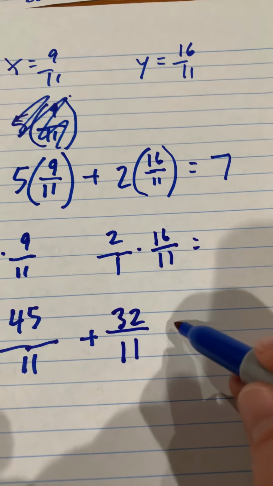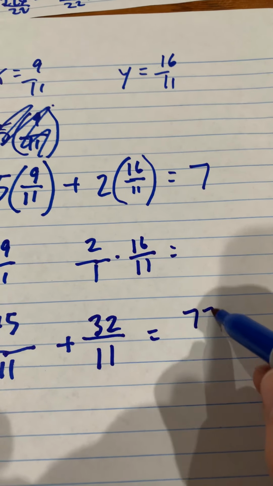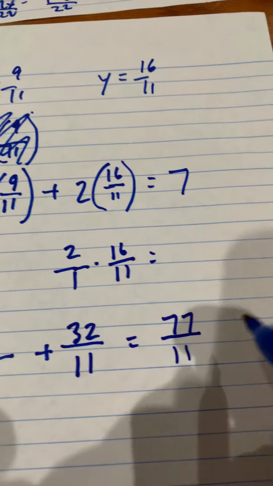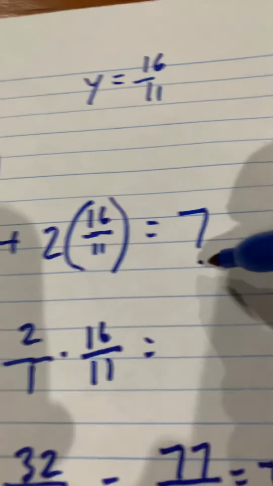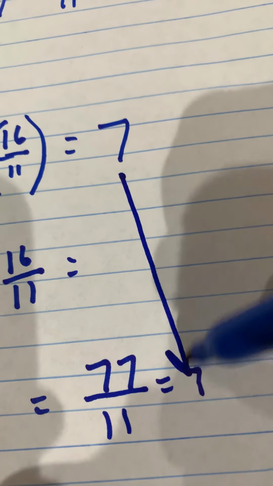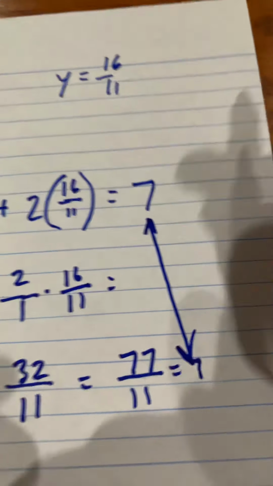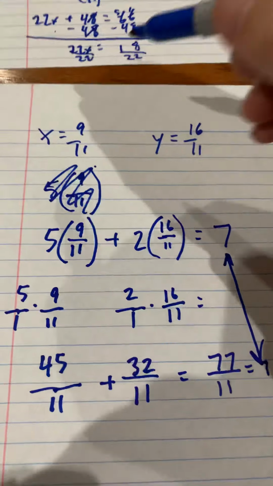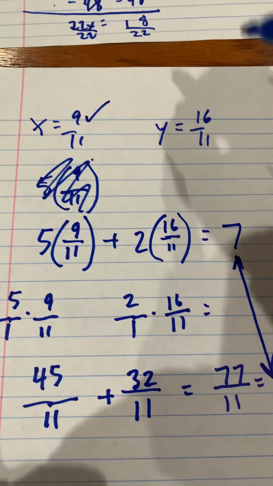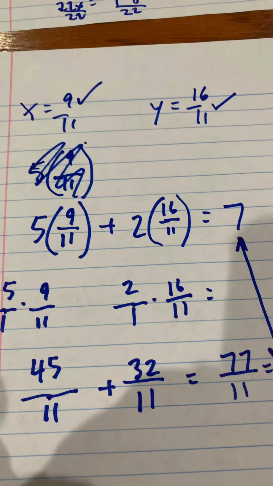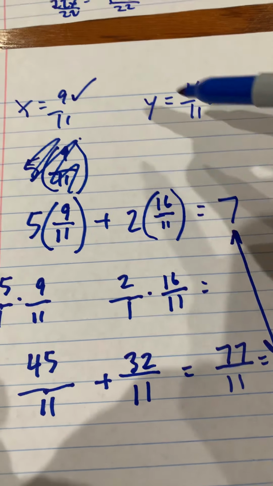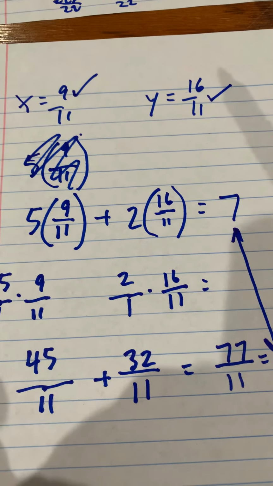Added together, that gives me 77 over 11, which gives me 7, and 7 equals 7. So that means that the two values we came up with satisfy both equations, which means those are the correct values of x and y.